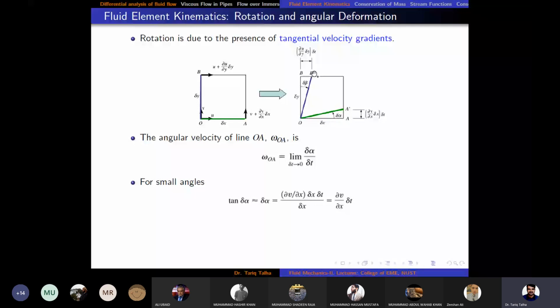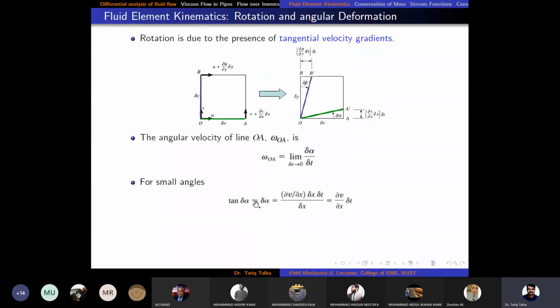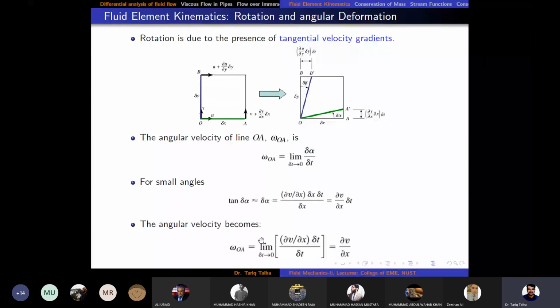You can see that one angle is delta alpha, that is counterclockwise, and delta beta is clockwise rotation. If we calculate the value of the angular velocity, after doing some mathematical manipulation, it comes out to be partial v by partial x, as we discussed on the whiteboard in the last class.